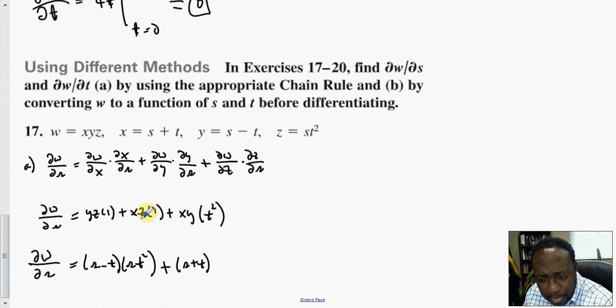Then x times y is just the difference of two squares, which gives us s squared minus t squared, times t squared.